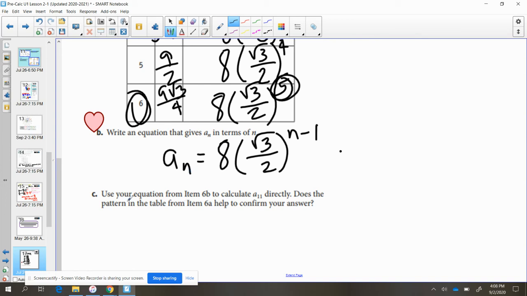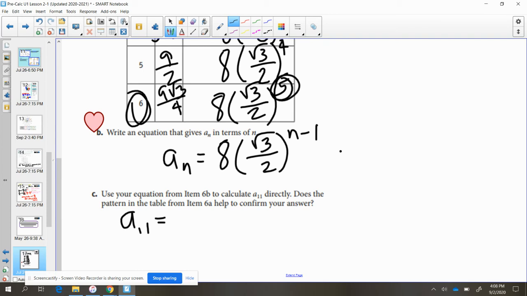So if you look on the last piece here, part C, which is on page 22, how now can we calculate a sub 11 directly so we don't have to draw 11 of those triangles?